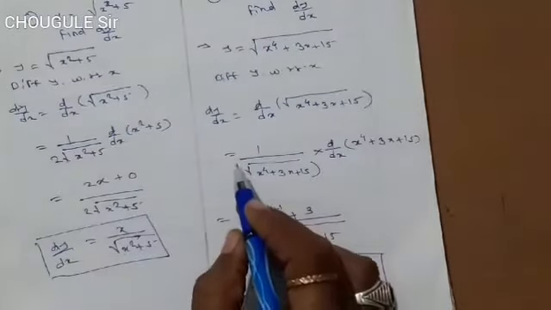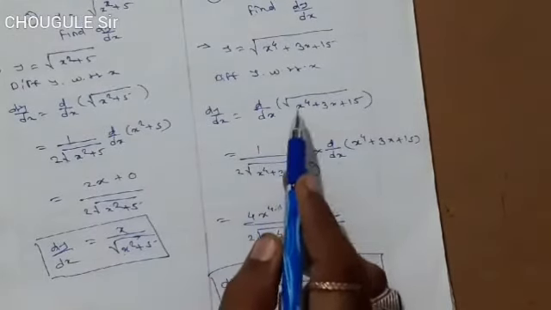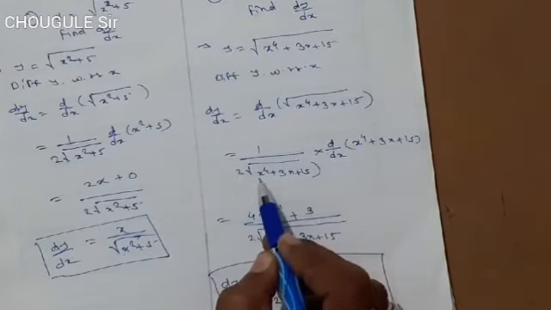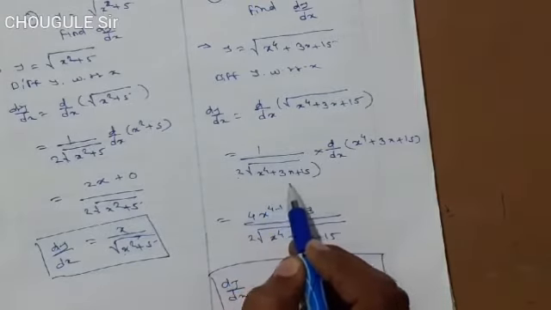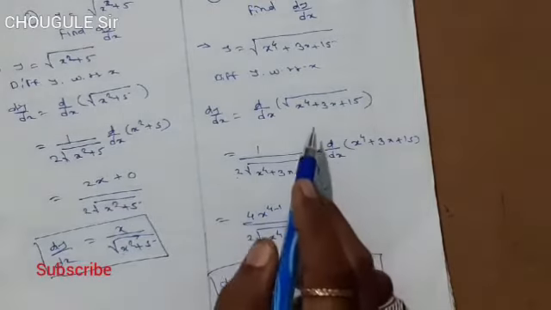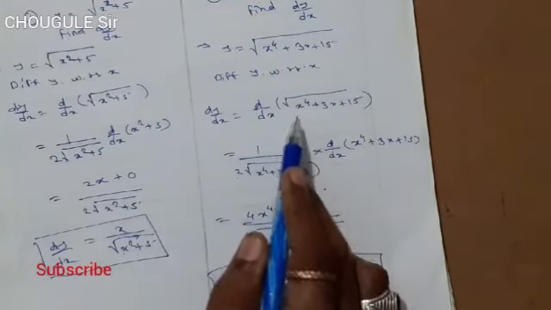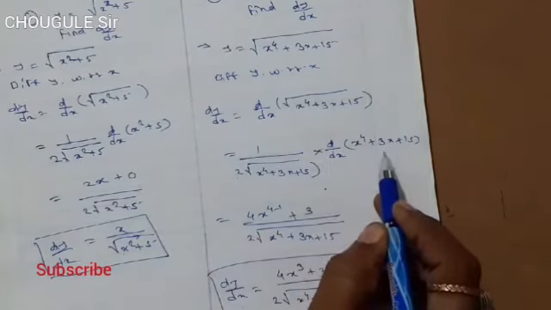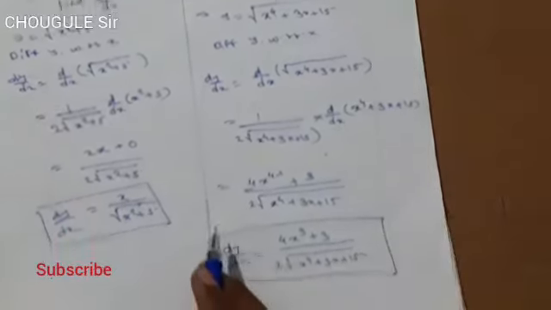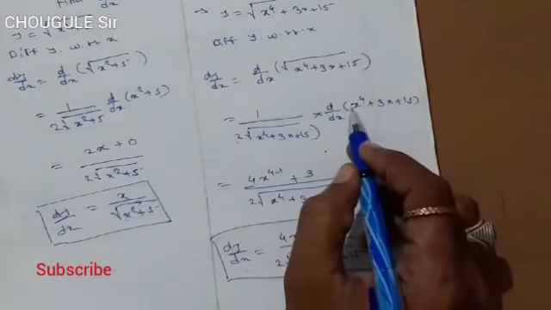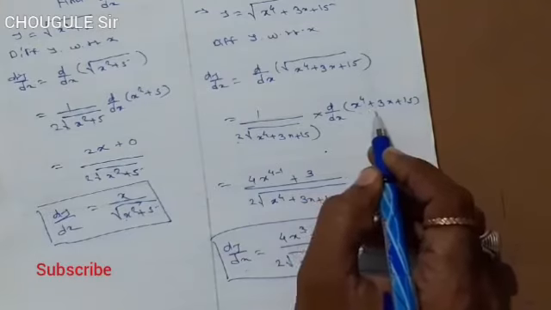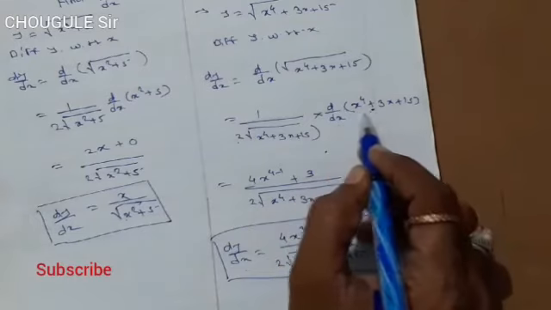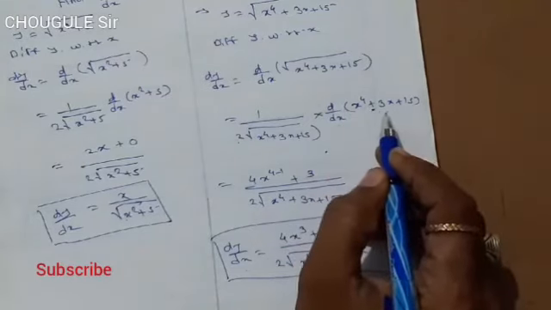In the same way we solve the example under root x to the power 4 plus 3x plus 15. It will be 1 by 2 under root x raised to 4 plus 3x plus 15, and then again the derivative of the function inside the root, d by dx of x raised to the power 4 plus 3x plus 15. In the bracket we have plus signs, so differentiate each function separately.